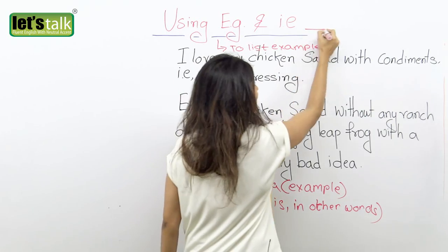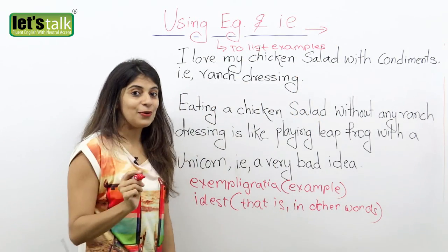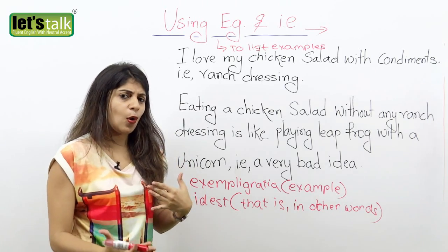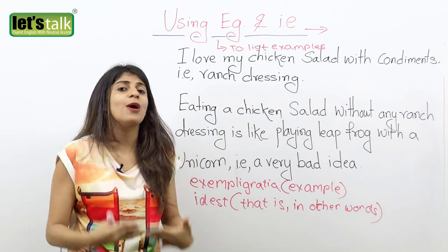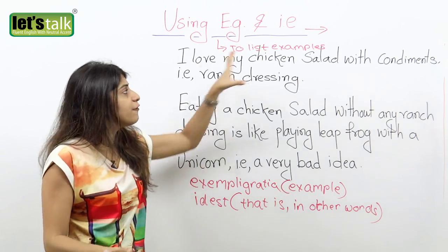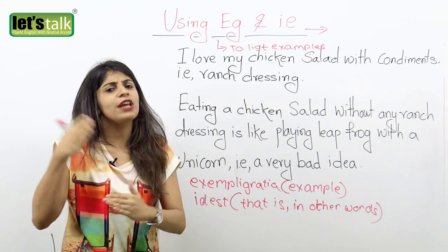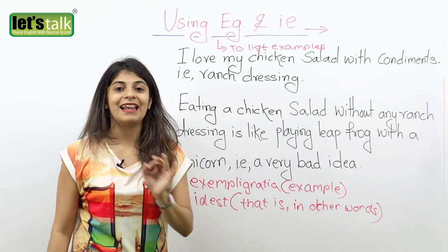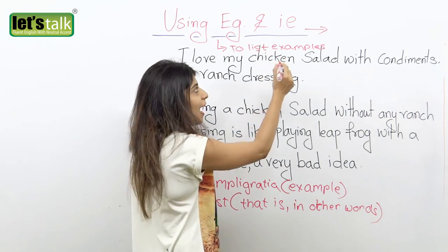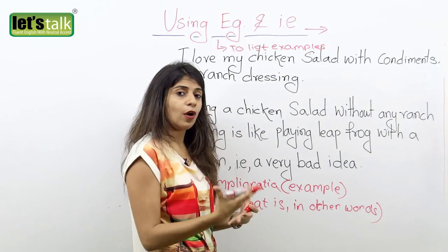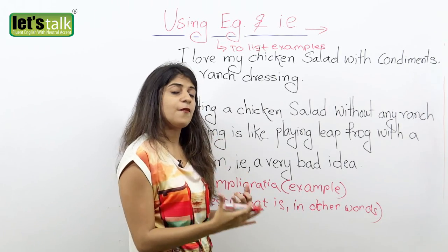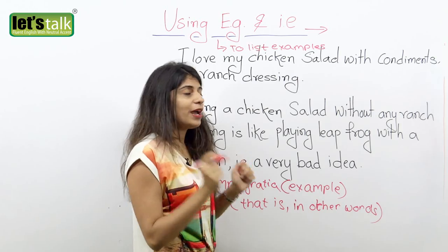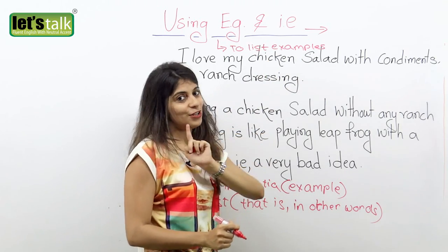Whereas i.e. is used only when you have to explain or define something that you have already written. If you have written something and you just want to explain it in other words, then you end up using i.e. So if you have to explain or follow with a definition, with a metaphor, or with a clarification, you end up using i.e. after your sentence.